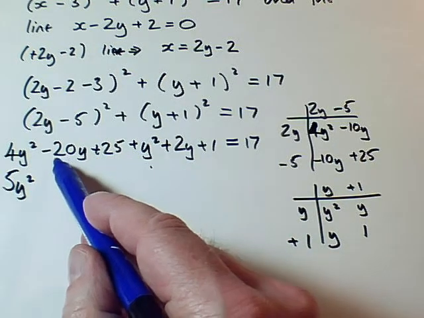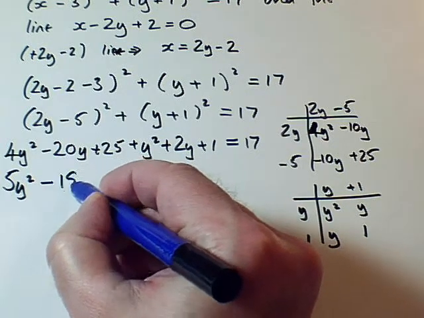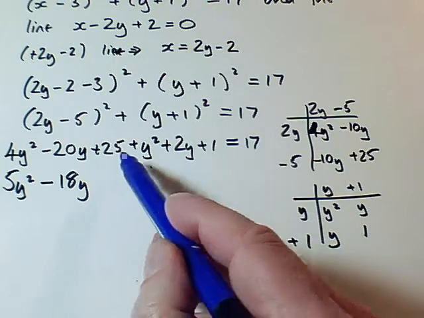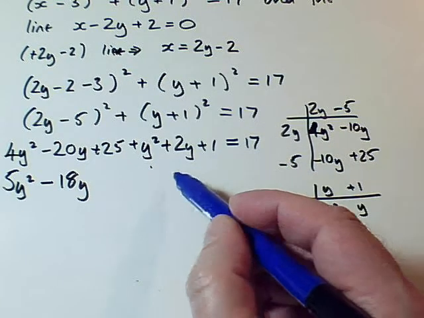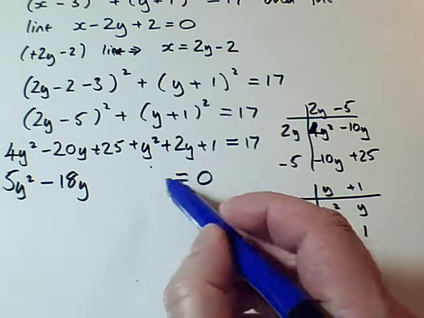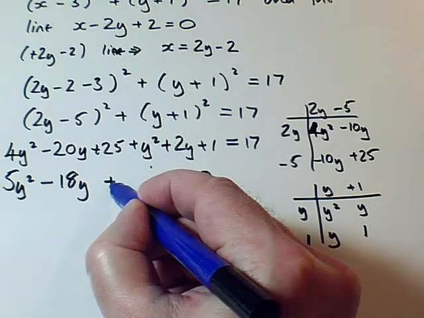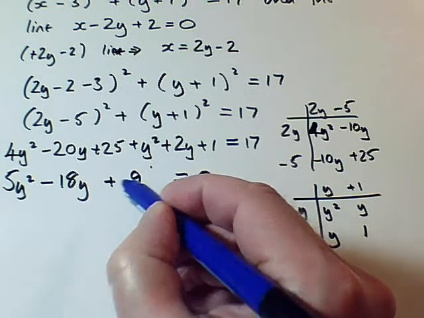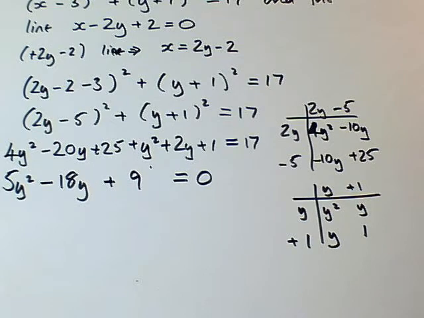In terms of y's, I've got minus 20y here, but I've got plus 2y, so that's minus 18y. And then in numbers I've got 25 plus 1 is 26, but I'm going to subtract 17 from both sides because I want equals 0. So 26 minus 17 is plus 9.